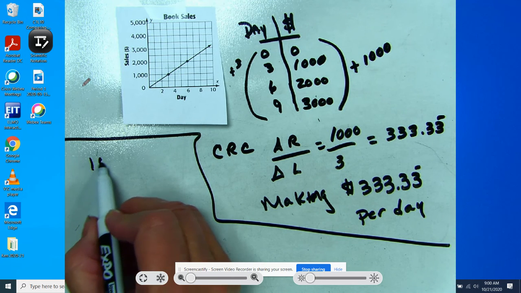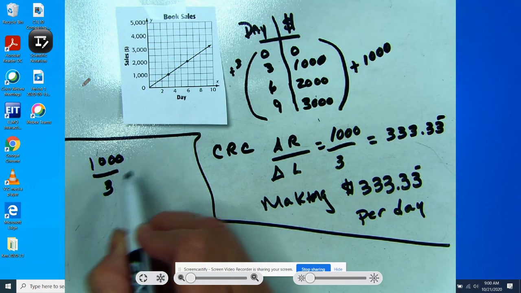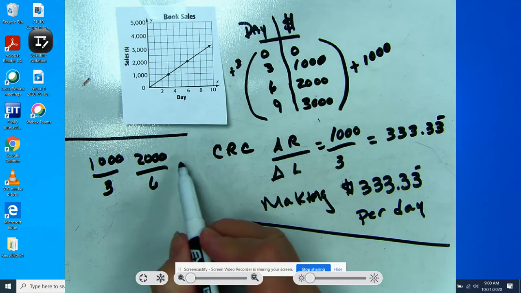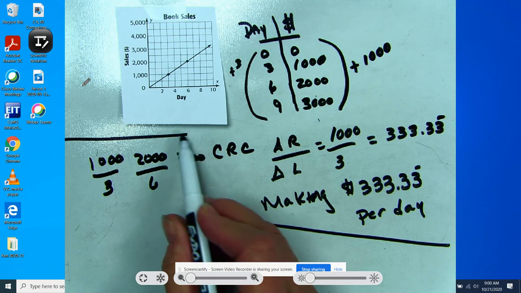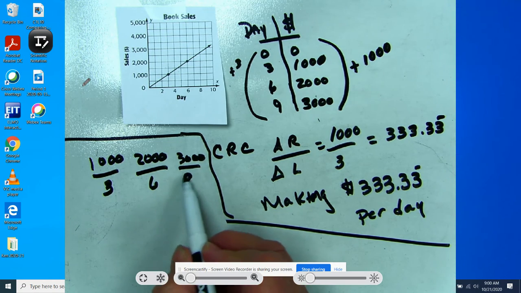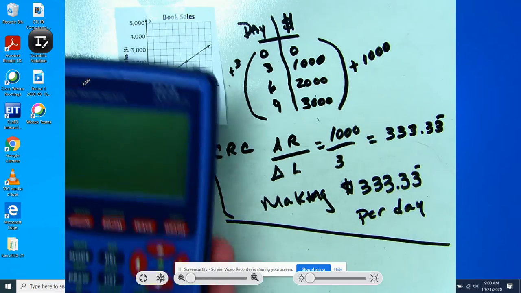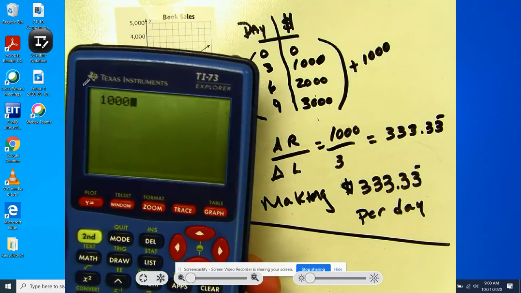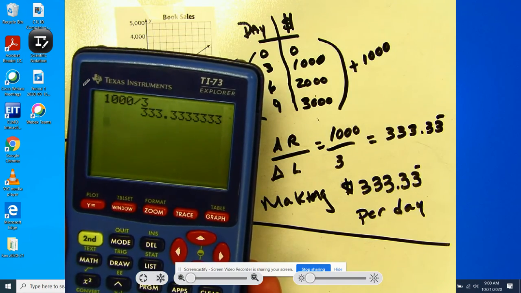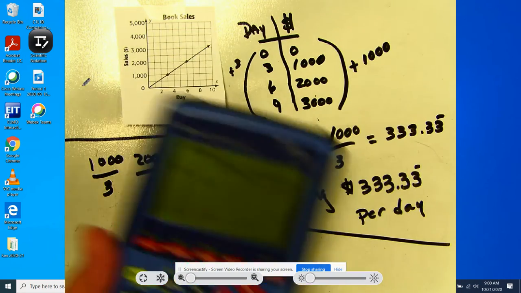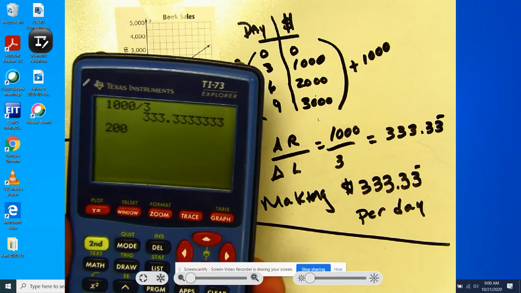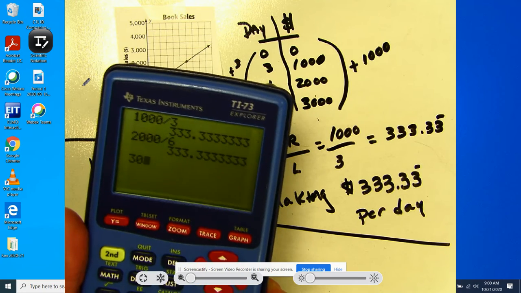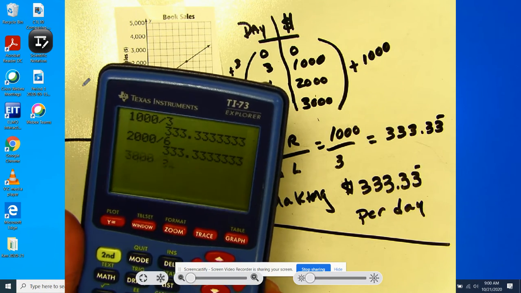So we have 1,000 divided by 3, 2,000 divided by 6, and 3,000 divided by 9.